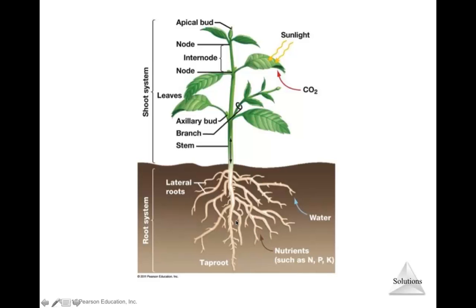Those roots can also absorb water from the soil, and that water goes through those membranes but in a different way than the nutrients. The nutrients go through those transporters, but the water crosses that membrane due to a mechanism called osmosis.